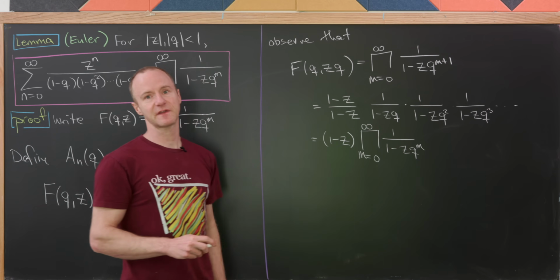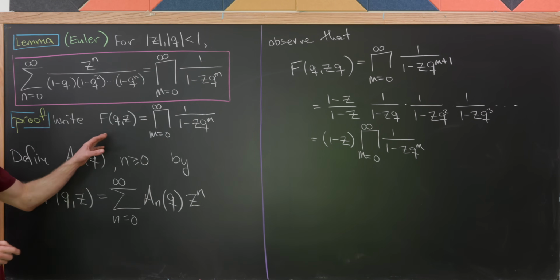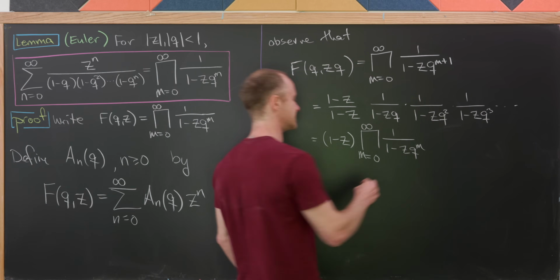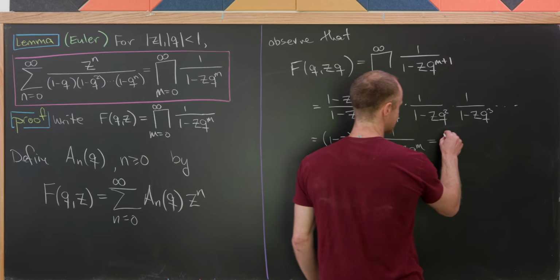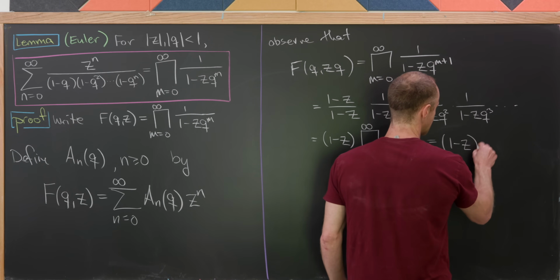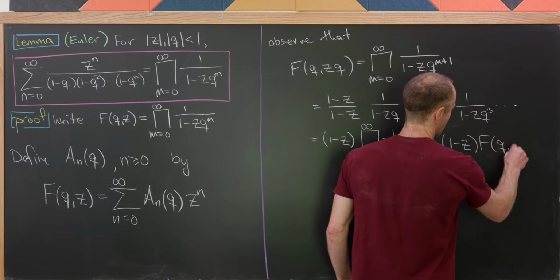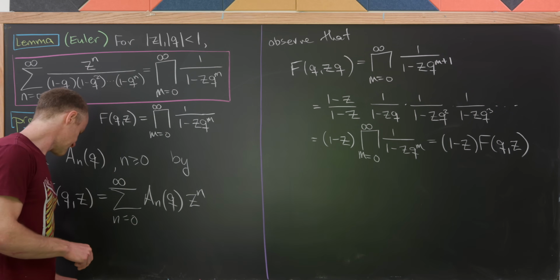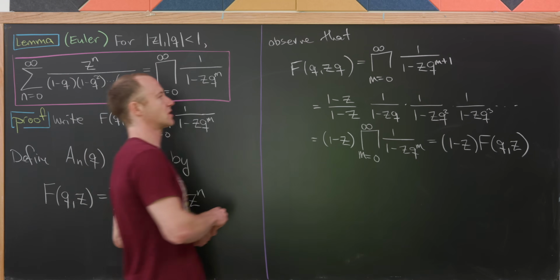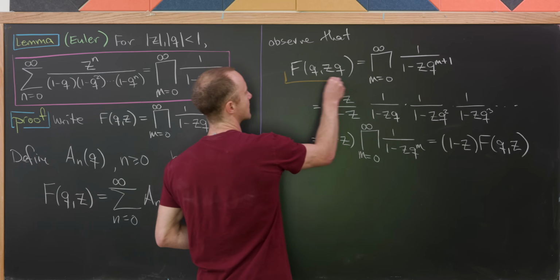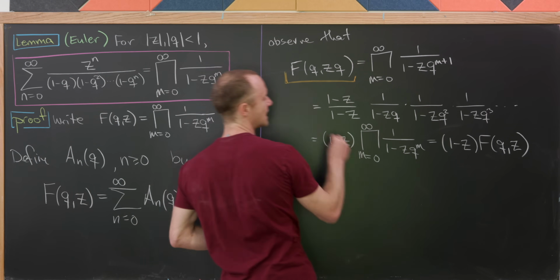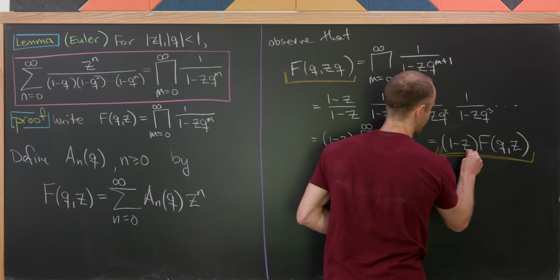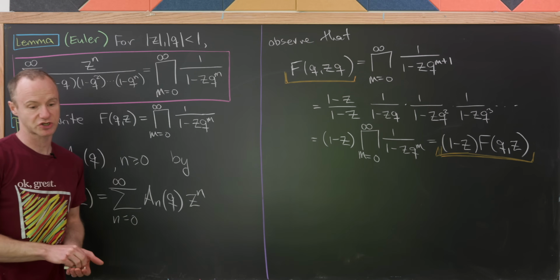But now let's observe that this product that we just built is exactly our original definition of f of q, z. So here we have 1 minus z times our f of q, z. Great, and so let's maybe underline where we started and where we ended here. This is a nice functional equation, if you will, for this f of q, z function.